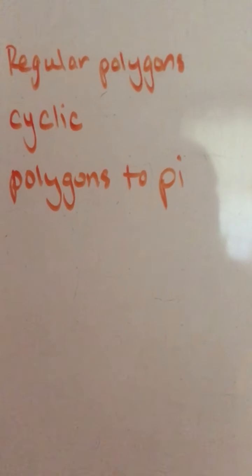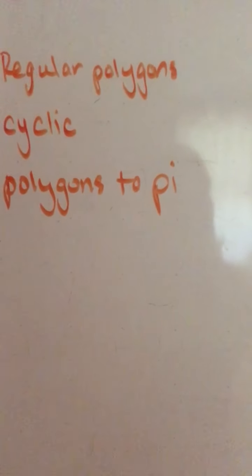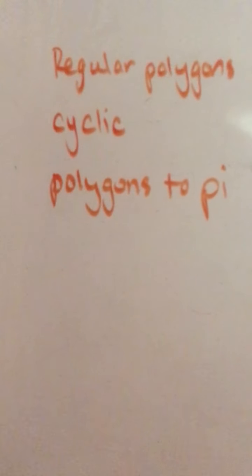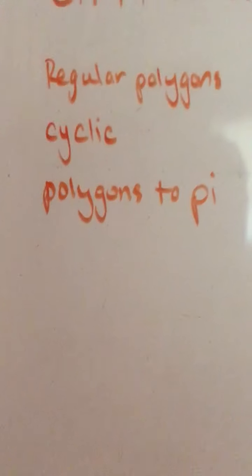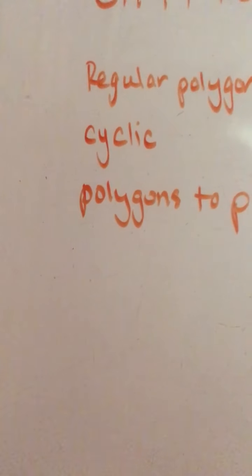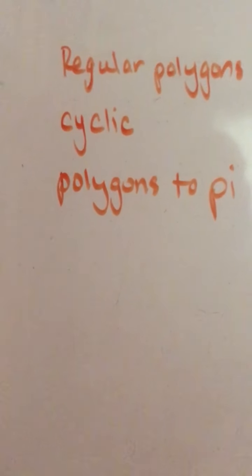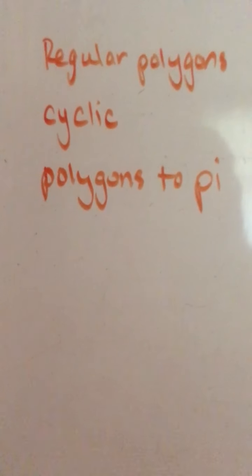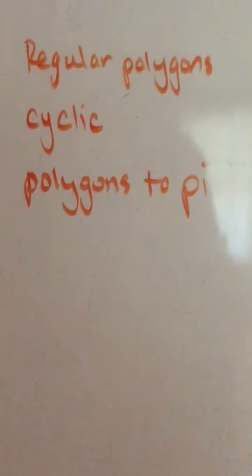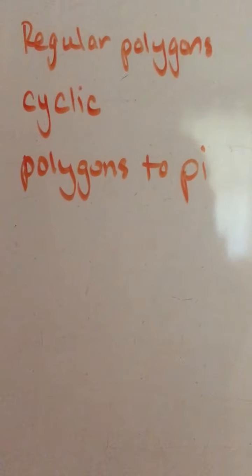As regular polygons get more and more sides, they get closer and closer to a circle. We saw that through the previous lessons, how once you get to 12 sides, 24 sides, 48 sides, those regular polygons look very, very circular. So you can use those calculations to get an approximation of pi.